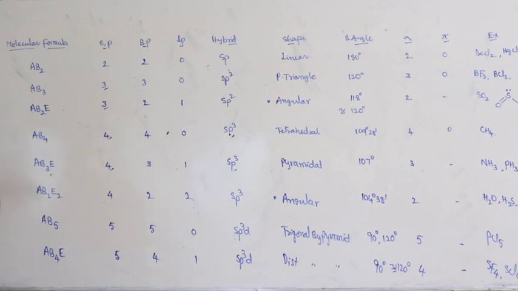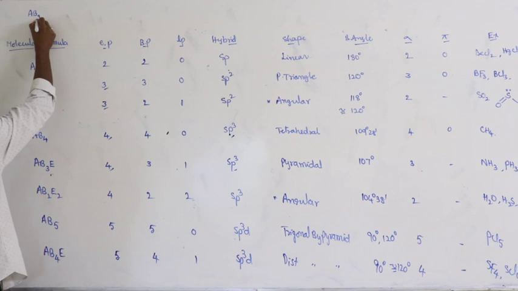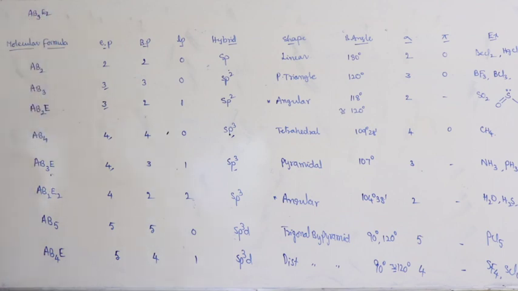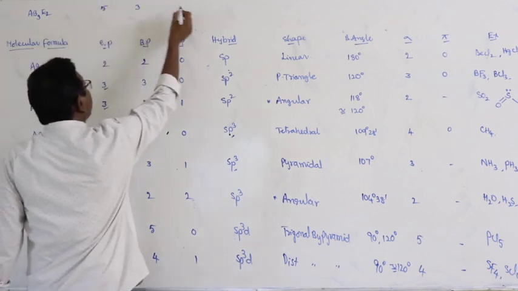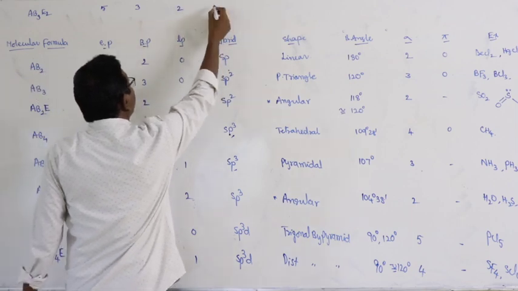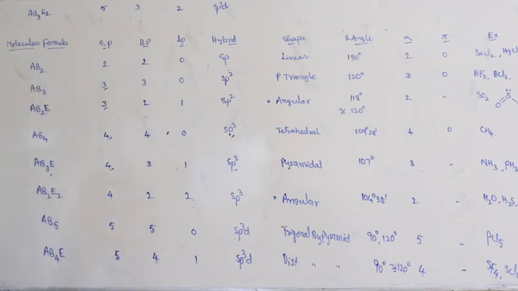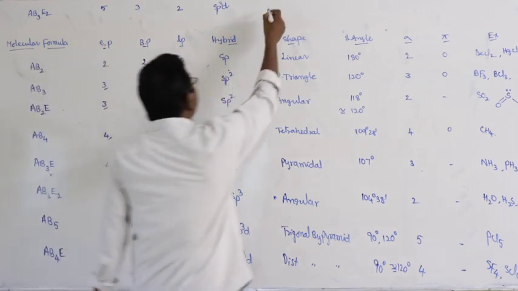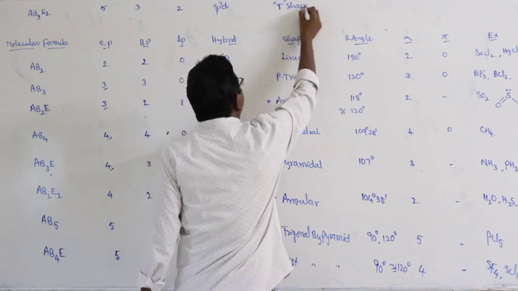From this we can give some other examples also. What are they? AB3E2. 2 lone pairs. Here 5, 3, 2, sp3d. And next, shape of the molecule: T shape.